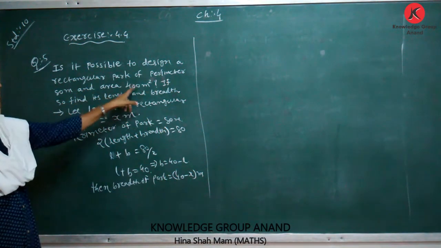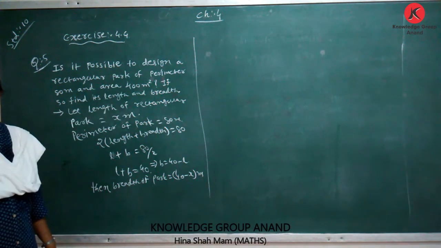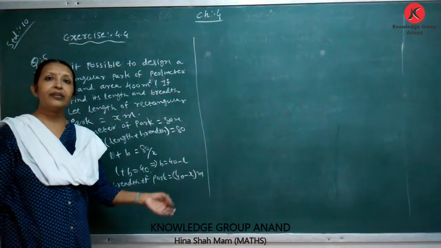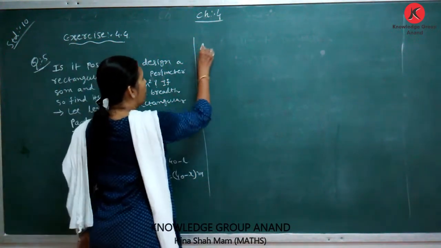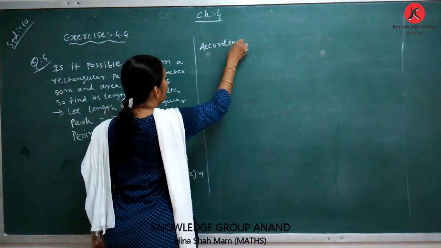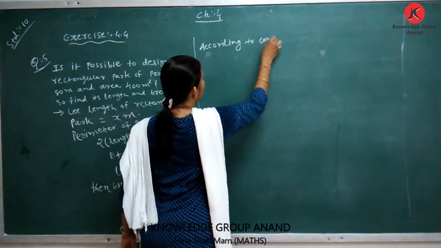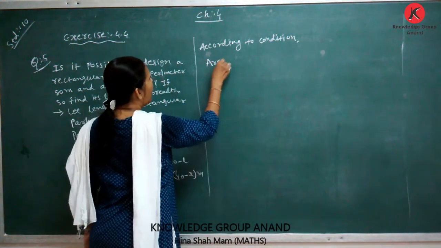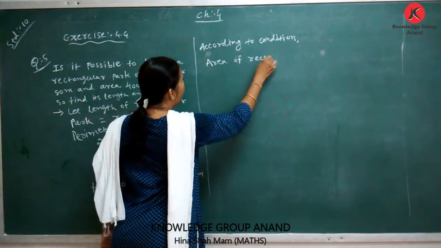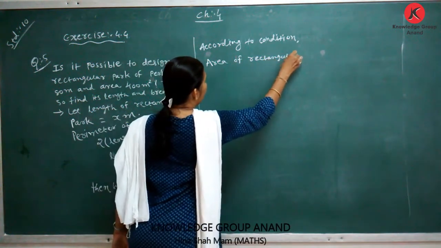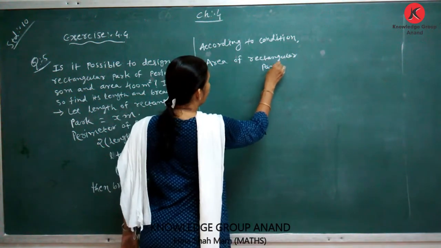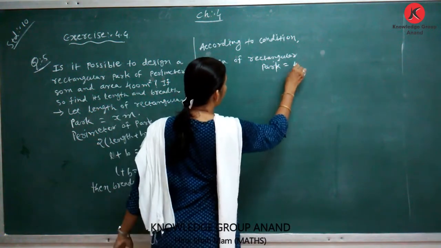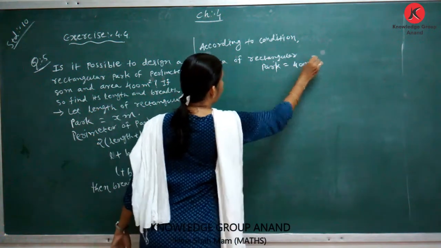Now, according to condition, area is equal to 400 meters square. We know area of rectangle is equal to L into B. According to condition, area of rectangular path is equal to 400 meters square.